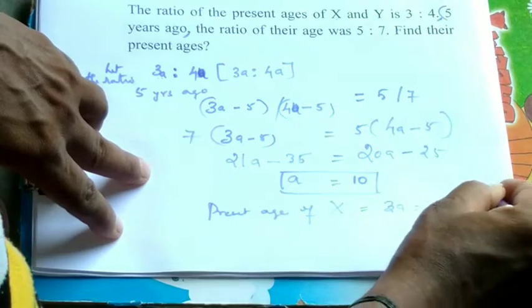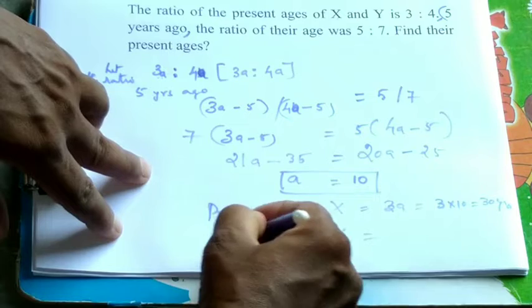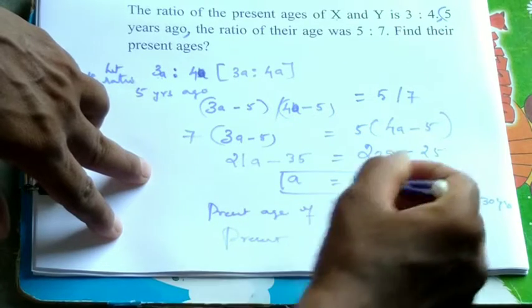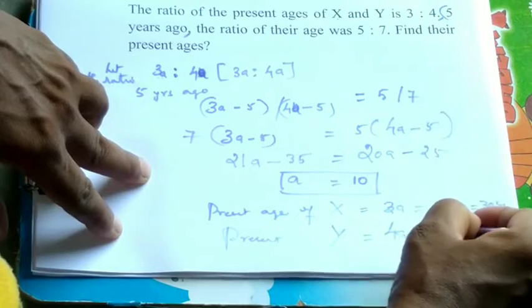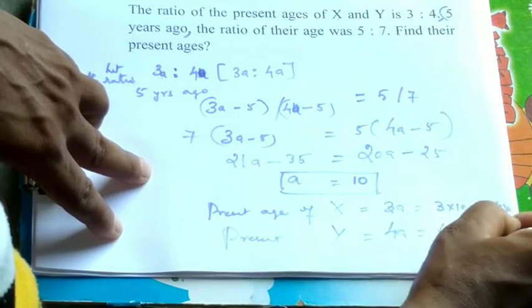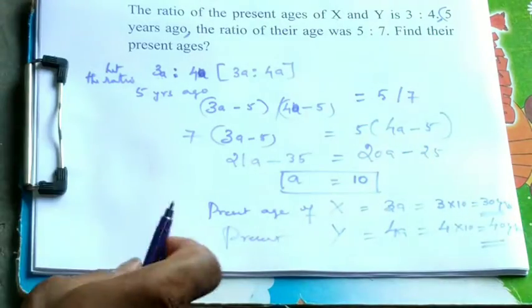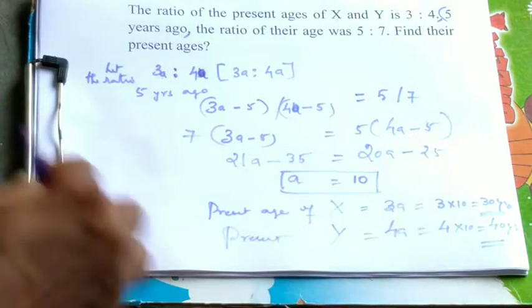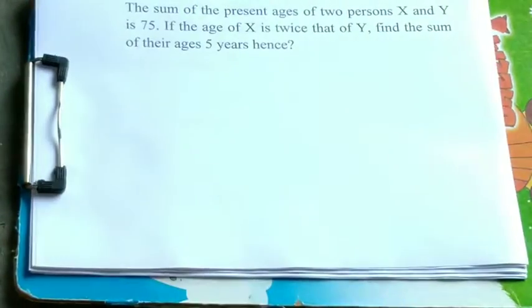What will come? 30 years. Present age of y we assume is 4a. Therefore, 4 into 10, that becomes 40 years. So now we have found the present ages of x and y. Okay, good. I believe you are understanding this point. Okay, now we'll move on to the next question, the continuation of this.